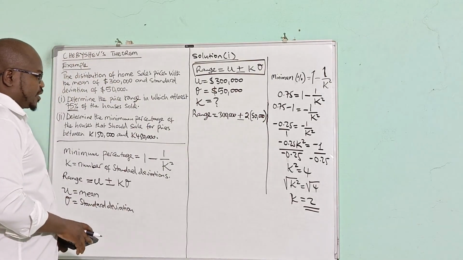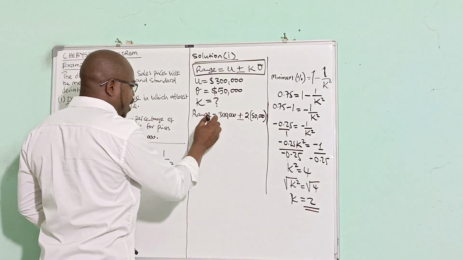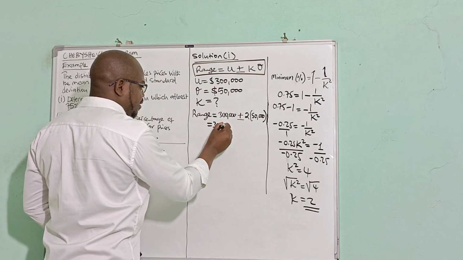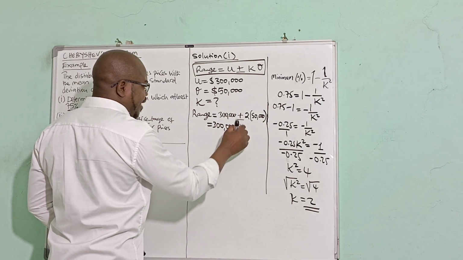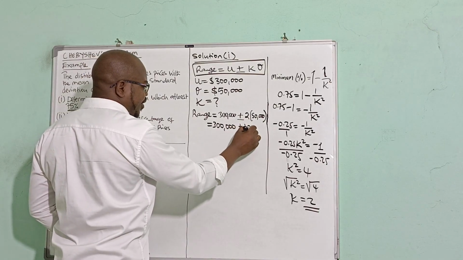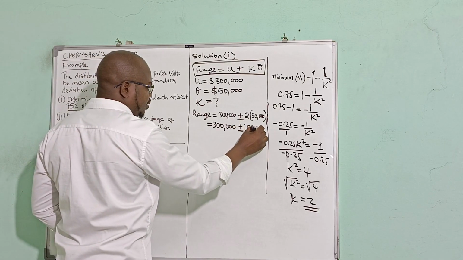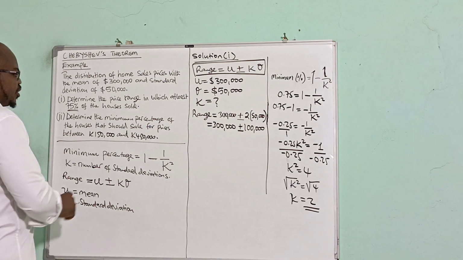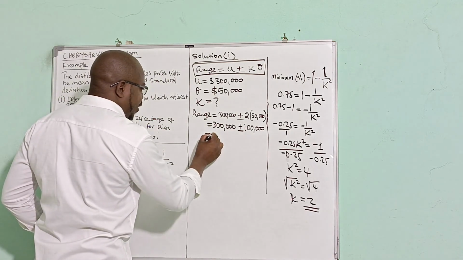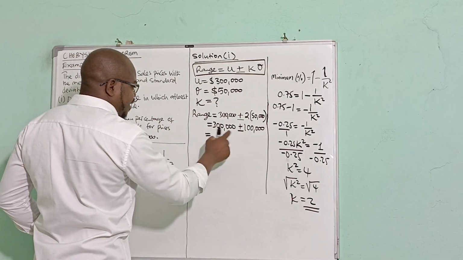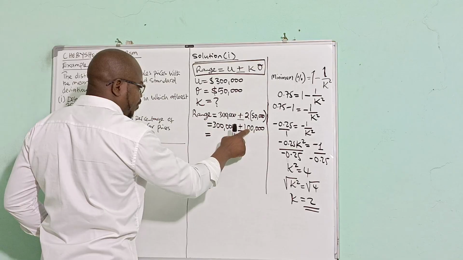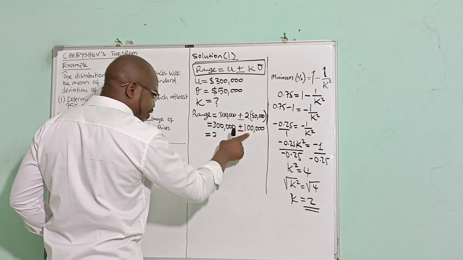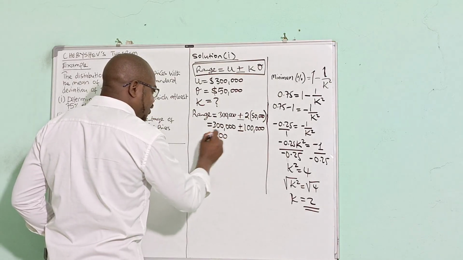So our range will be $300,000 plus or minus 2 multiplied by 50,000, which is 100,000. So our range will be between, for the first one, $300,000 minus $100,000 minus $100,000, which is $100,000 to 200.